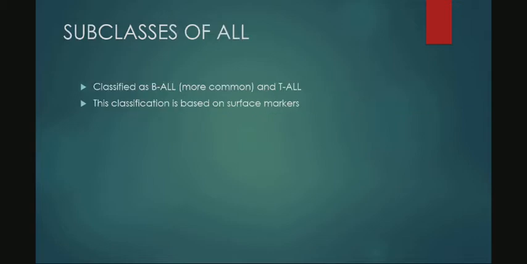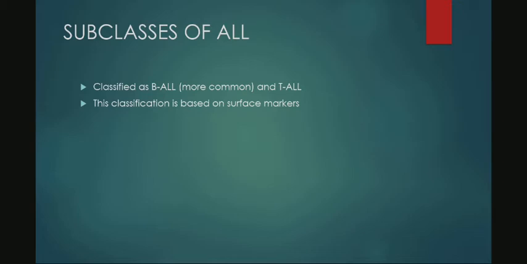When we move on to subclasses of these two individual types that we've come up with, the AML, which is acute myeloid leukemia, and the ALL, which is acute lymphoblastic leukemia, these two main types have subtypes, they have subclasses.